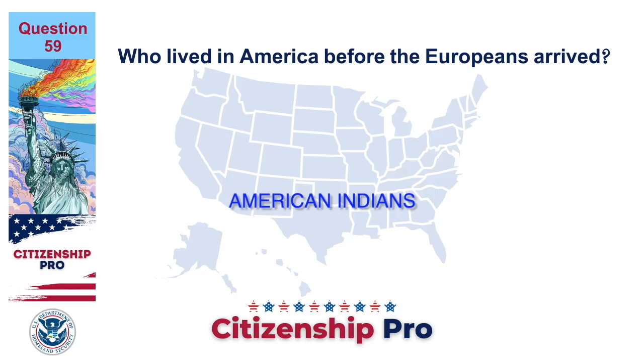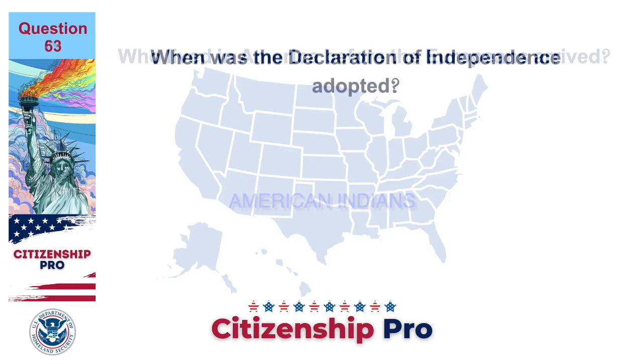American Indians. When was the Declaration of Independence adopted? July 4, 1776.